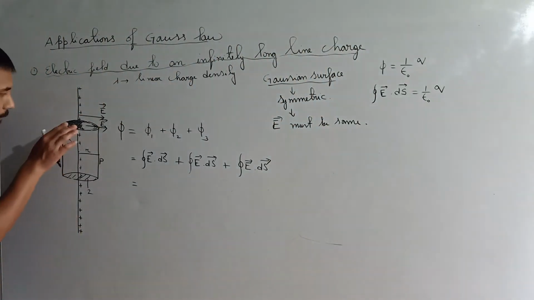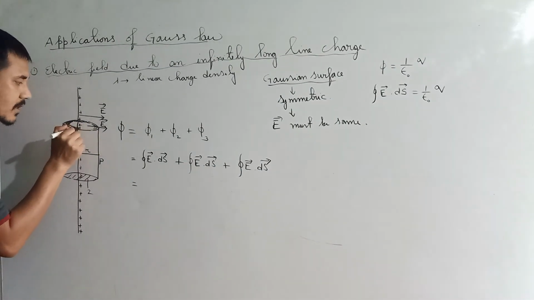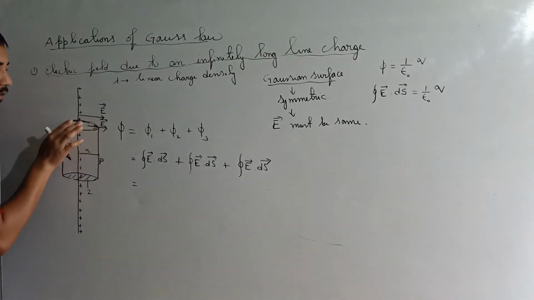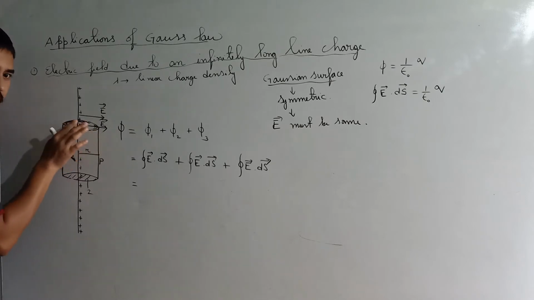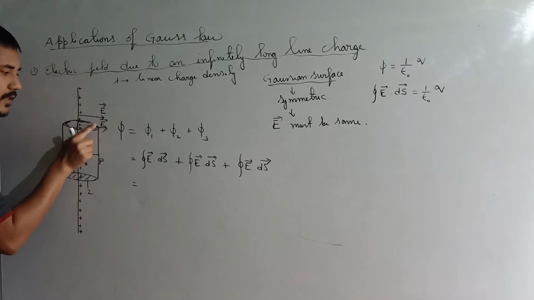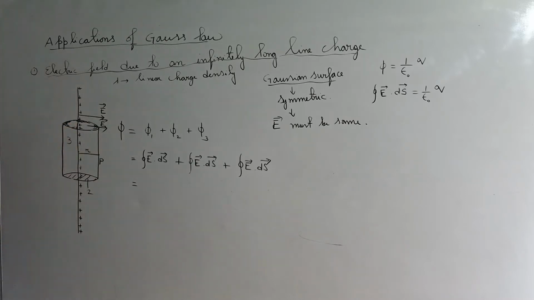So what will be the area vector of this surface 1? In which direction is the area vector for this surface? Area vector means it's always perpendicular to the plane it contains.